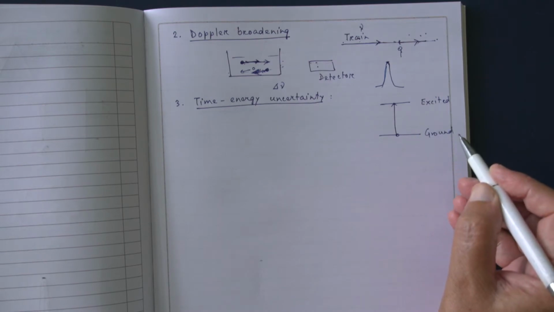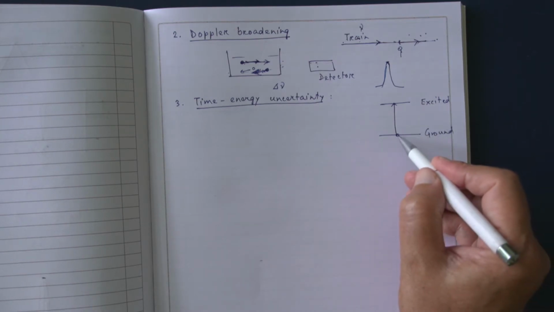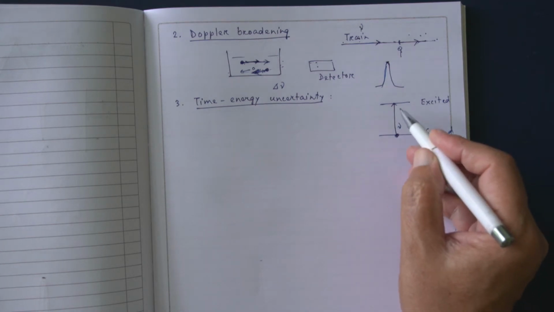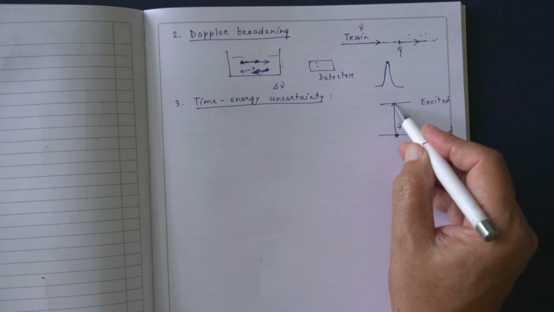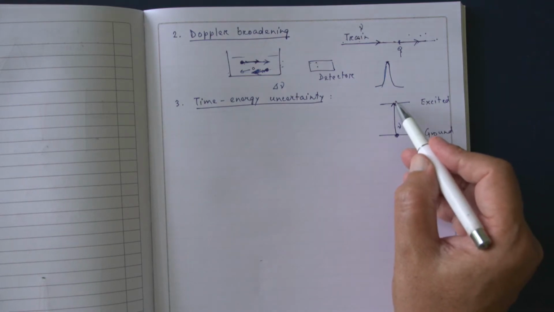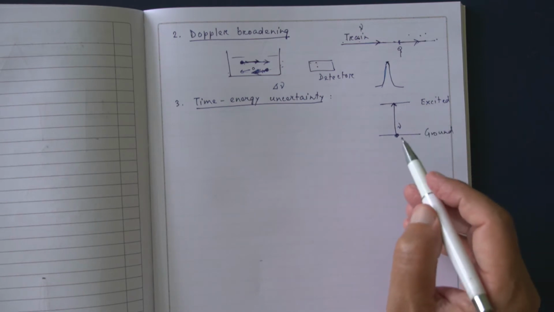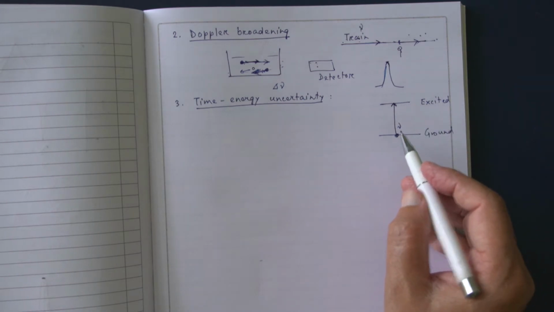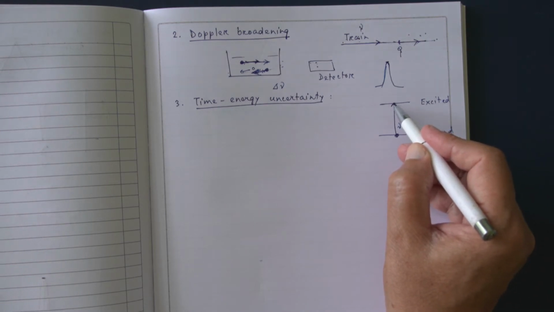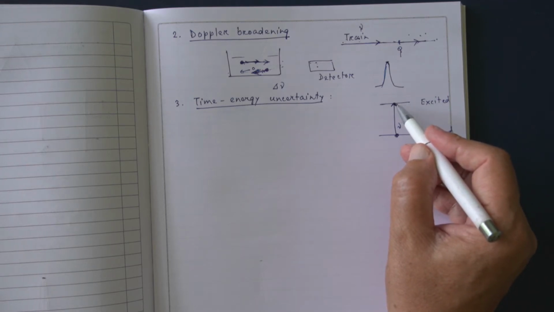Suppose it is absorbing a definite frequency and coming to the excited state. In the excited state, the molecule will remain for some time. That means there is some lifetime in the excited state.